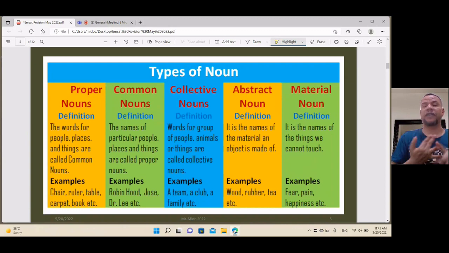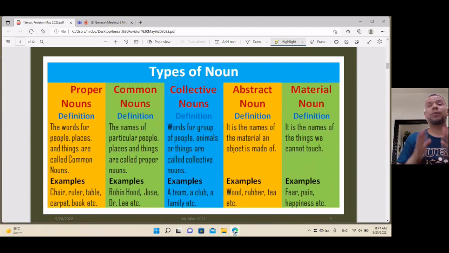Father, mother, grandfather, grandmother, a daughter, a son, uncle, and so on. So we have a lot of nouns inside the noun family. So this is a collective noun. Another example is team: the head of the team, members of the team, and so on.